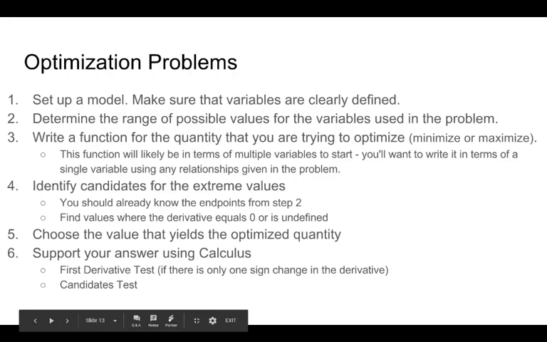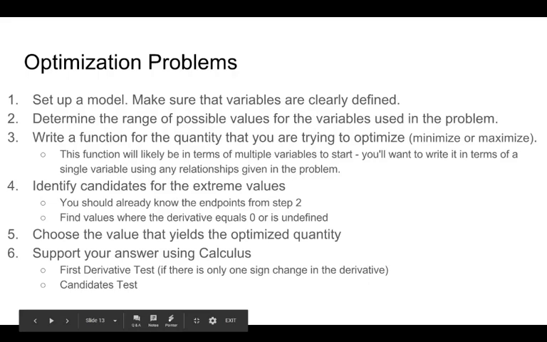So if that's the case, we're going to use some relationship that's given to us. In the problem, the relationship that was given to us was the volume of this swimming pool-like tank that we were building. Using that, we could figure out how x and y are related to each other, and that allowed us to eliminate one of the variables. So we're writing it just in terms of one variable.